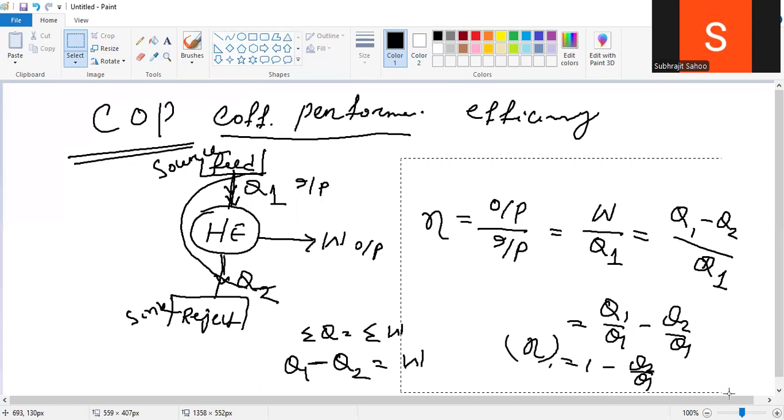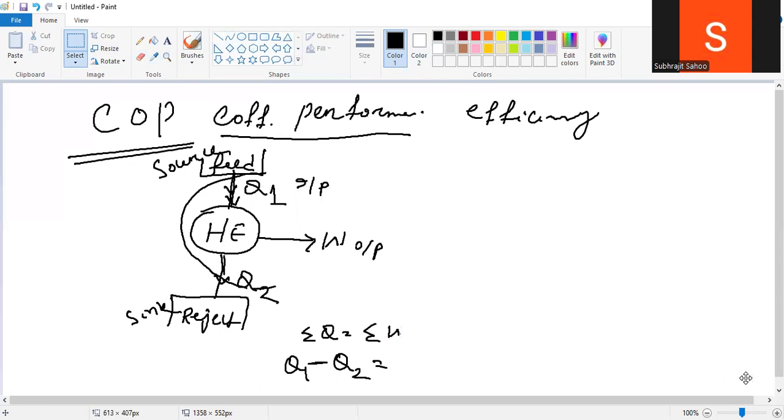What is next here? There is one more device, the refrigerator. What is the function of the refrigerator?